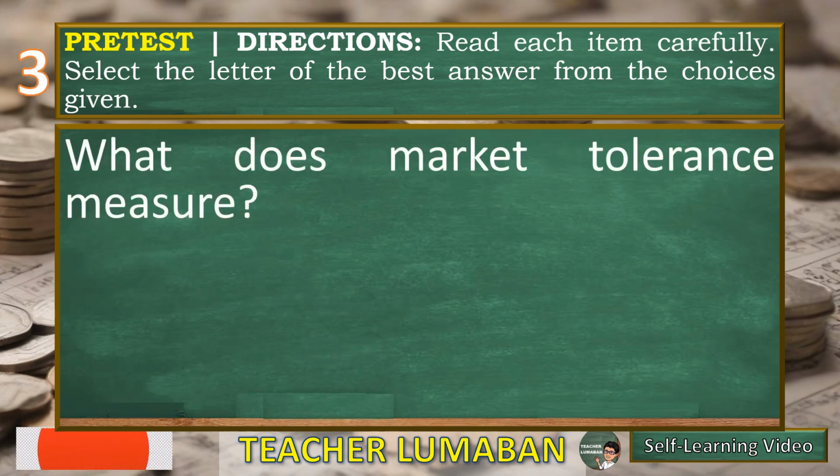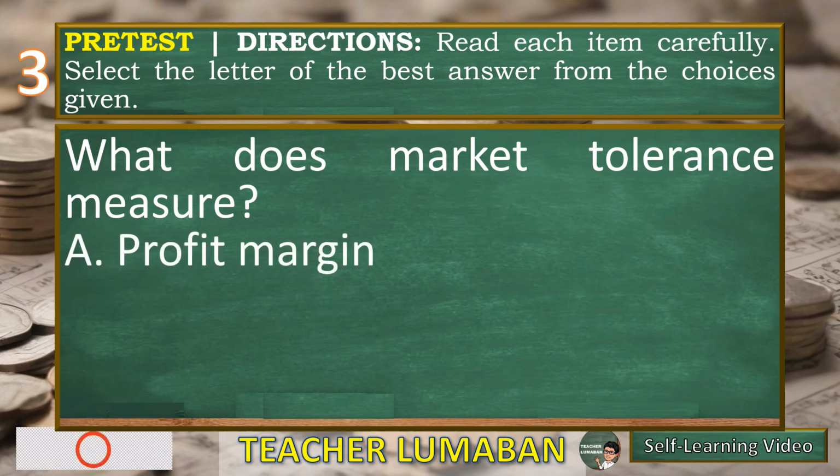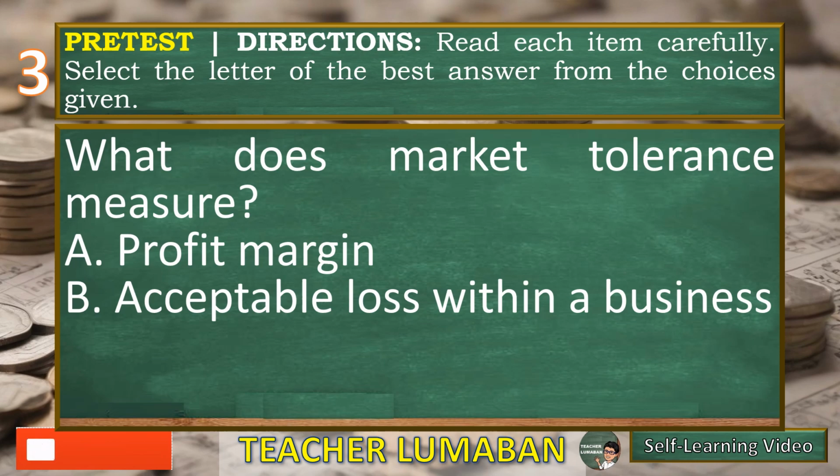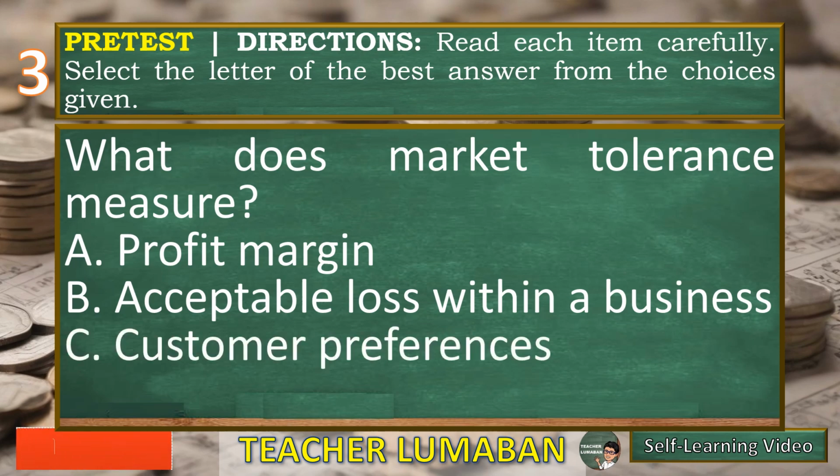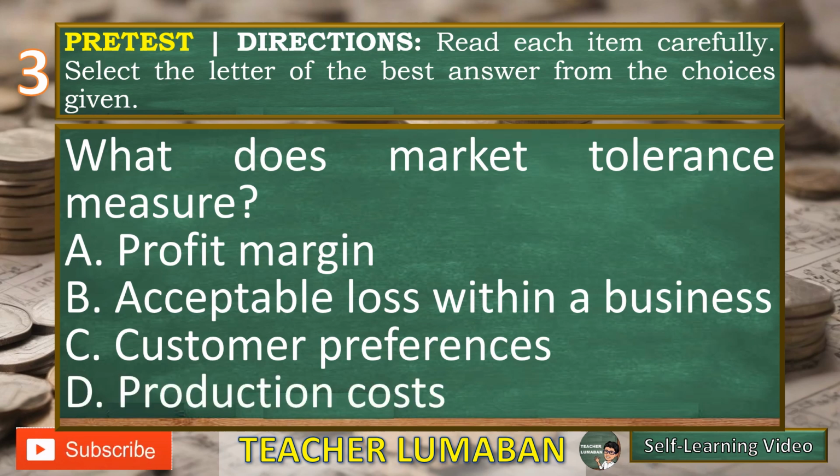What does market tolerance measure? A. Profit margin. B. Acceptable loss within a business. C. Customer preferences. D. Production costs.